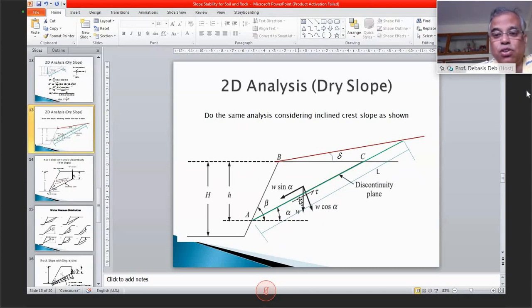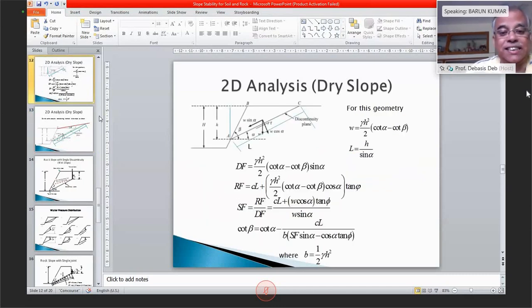You will be able to do that, I hope. For dry condition, yes, we do first. Water condition we will see now. So you derive and find a formula just like this. Now delta and everything will come into it. Okay, fine.